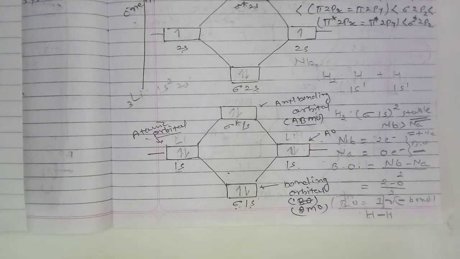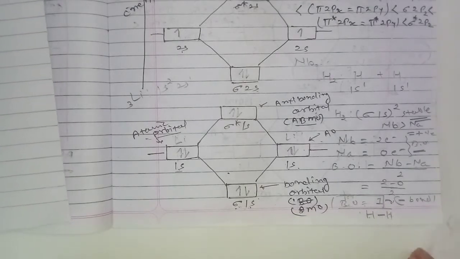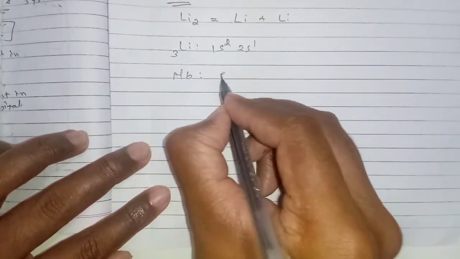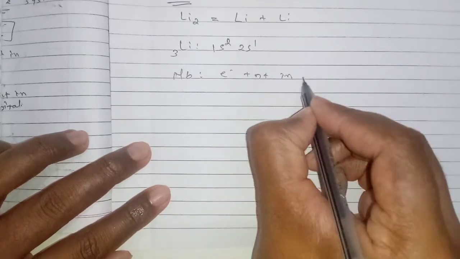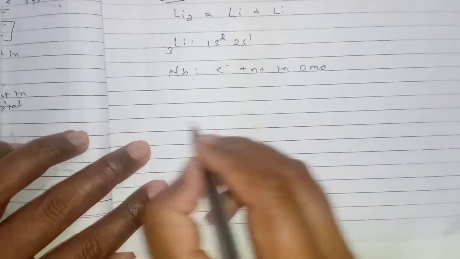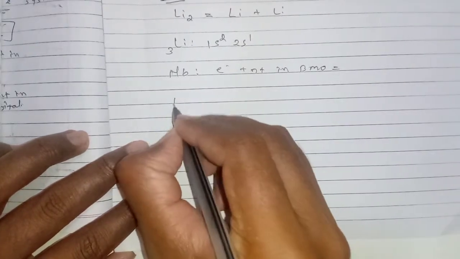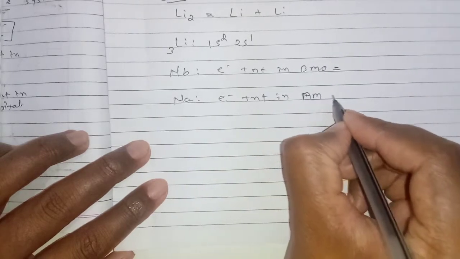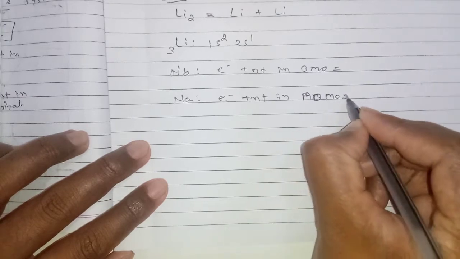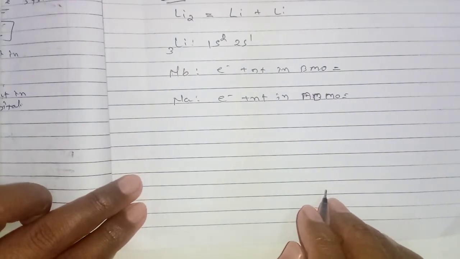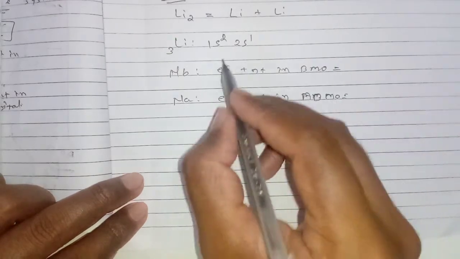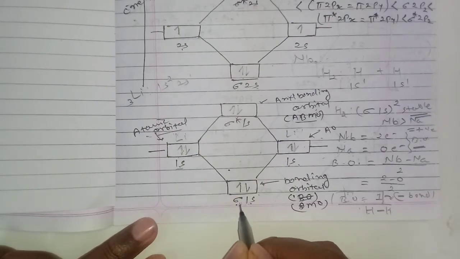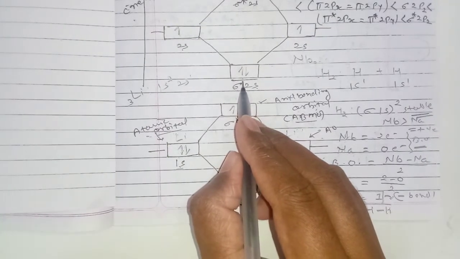Now the calculation: Nb is the number of electrons present in bonding molecular orbitals, and Na is the number of electrons present in antibonding molecular orbitals. Here in the bonding molecular orbitals, 2 plus 2, 4 electrons.